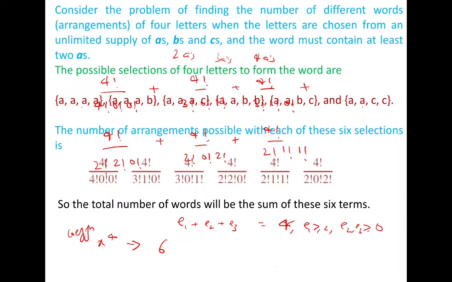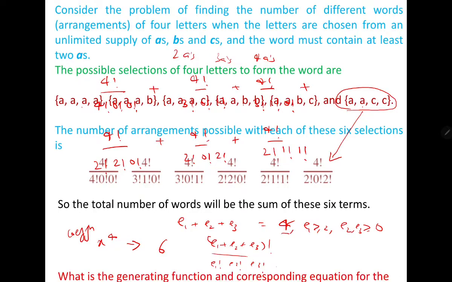But in the case of arrangement, you can see that each bracket is not contributing 1. For example, one is contributing 4 factorial by 2 factorial, 0 factorial and 2 factorial. It means that instead of 1, the contribution is (e1 plus e2 plus e3) factorial divided by e1 factorial, e2 factorial, e3 factorial, such that e1 plus e2 plus e3 is 4, e1 is greater than or equal to 2 and e2, e3 are greater than or equal to 0.